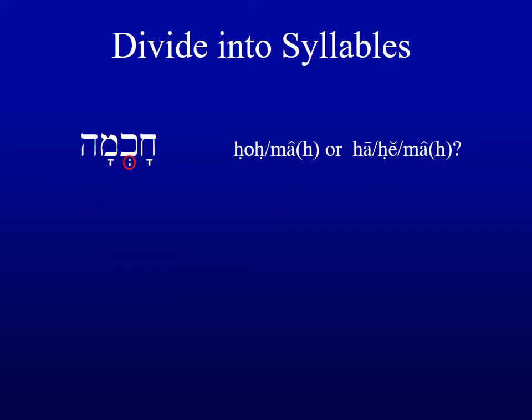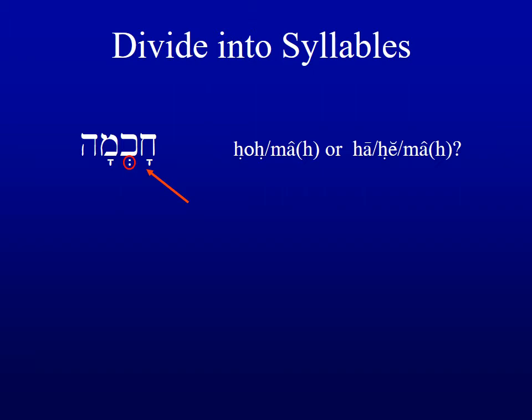We have the same issue here in this word. We have this schwa, and we have this vowel here that could either be a kametz or kametz hatuf. So here the question is, do we read that as a short o, or as a long a? So it's either chochma or it's chachma. In this case, you remember the rule that a schwa prefers to be silent if it can, and so we would want to read that first vowel as a kametz hatuf.